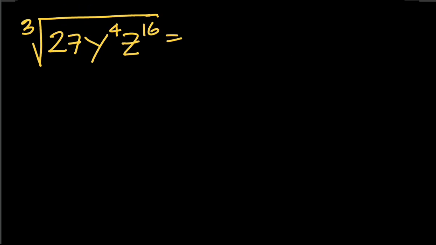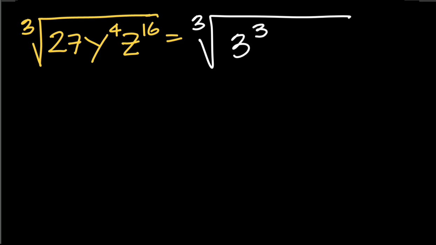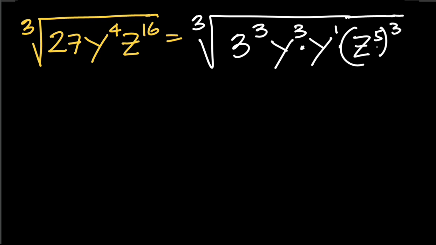How about this? Cube root of 27y to the 4th z to the 16th. So 27 here can be written as 3 cubed, because 3 times 3 is 9, times 3 is 27. And y to the 4th can be written as y cubed times y to the 1. Then z to the 16th can be written as z to the 5th cubed, because 5 times 3 is 15, times z to the 1. Then we can simplify this.